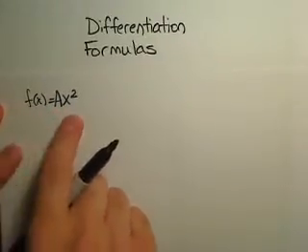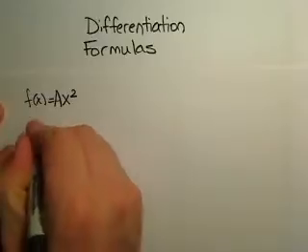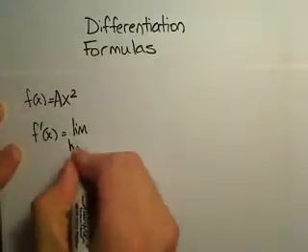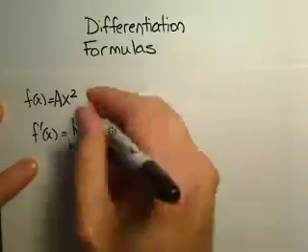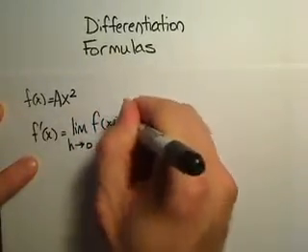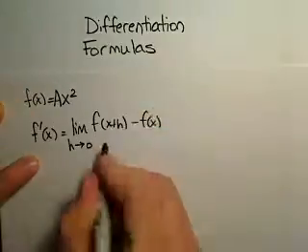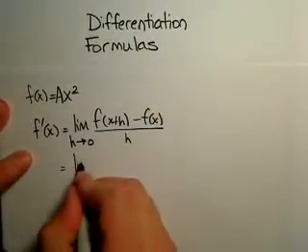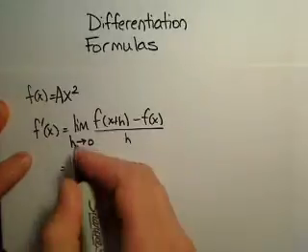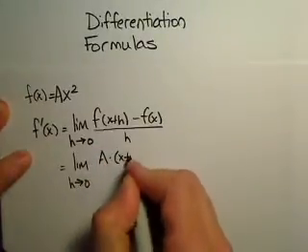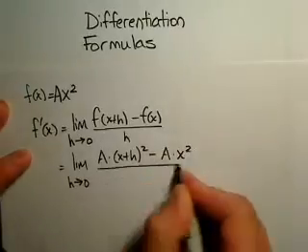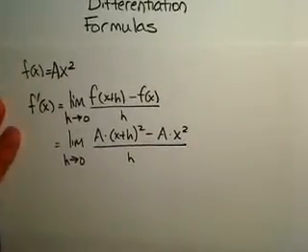When we go to do this limit, it's always going to look the same. What I mean by that is regardless of what a is, the derivative will be based on this limit. And as we work through it, that limit ends up being a times (x plus h) squared minus a times x squared, over h.